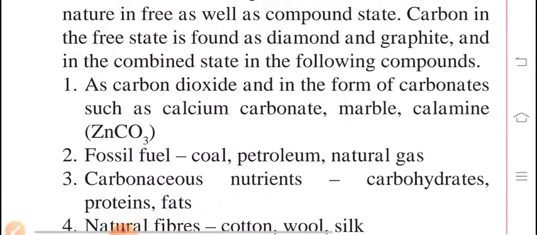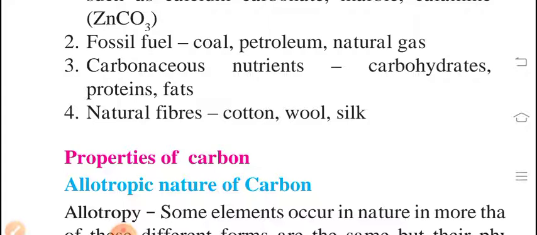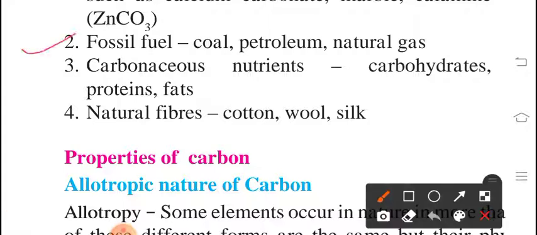Next is fossil fuels: coal, petroleum, natural gas. Carbon is present in all these. Then carbonaceous nutrients like carbohydrates, proteins, fats, which we use in everyday life everywhere, contain carbon.